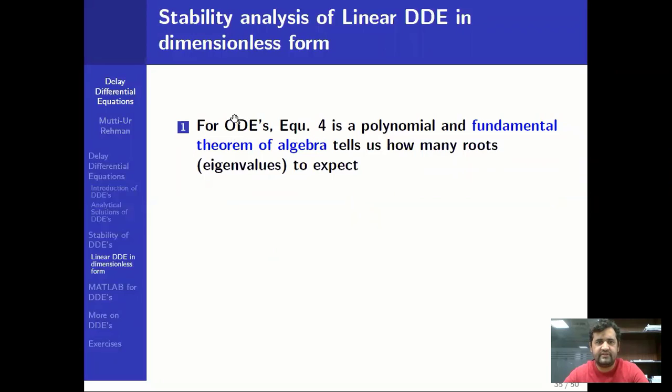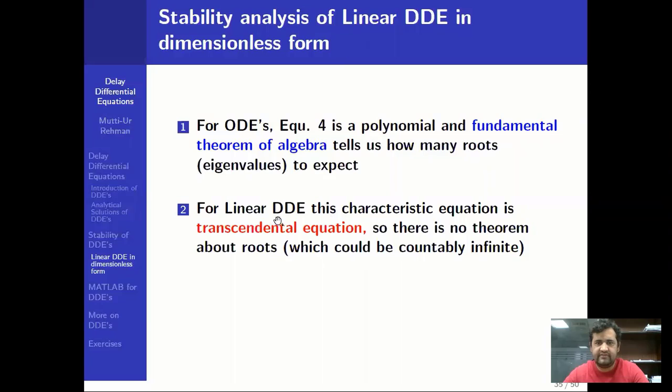Now, for an ordinary differential equation, this characteristic equation is basically a polynomial, and in order to find the number of eigenvalues, one can use the fundamental theorem of algebra.